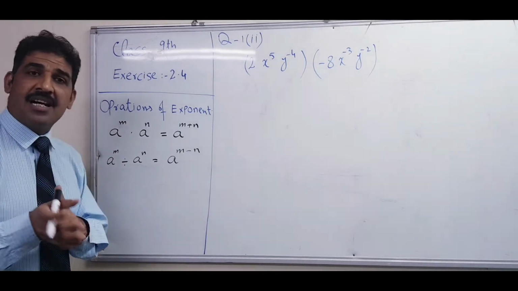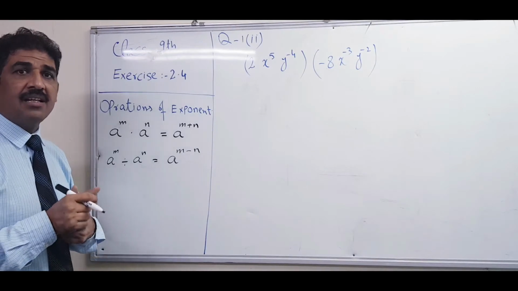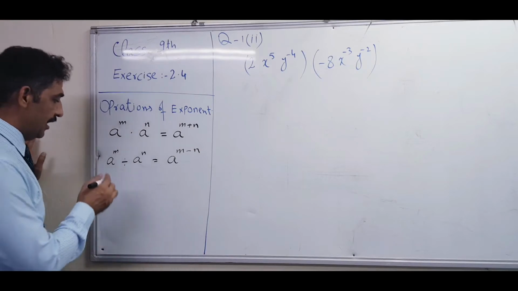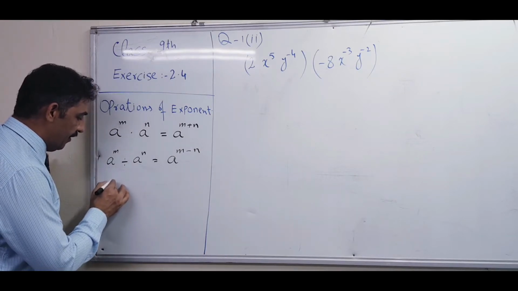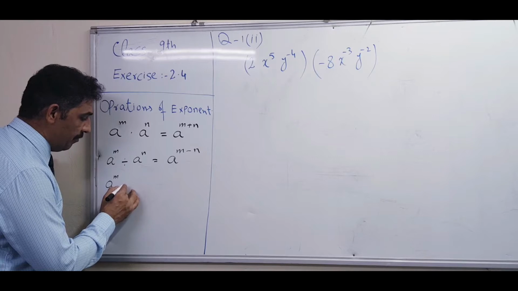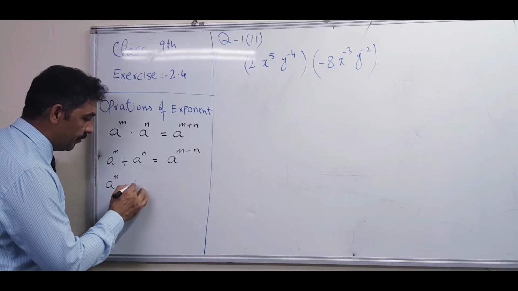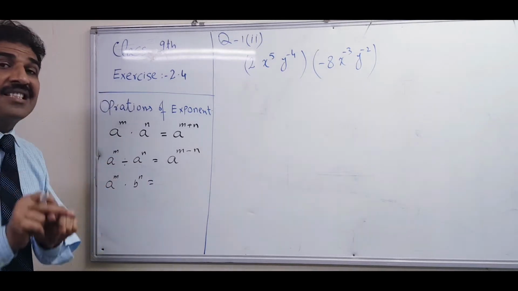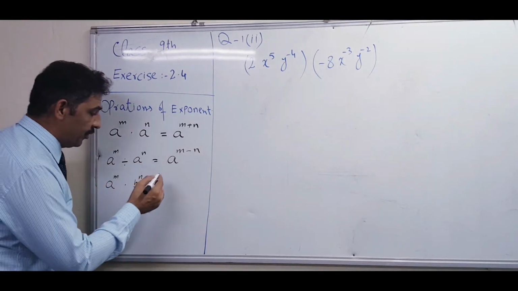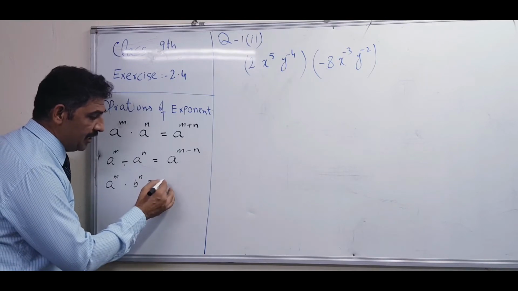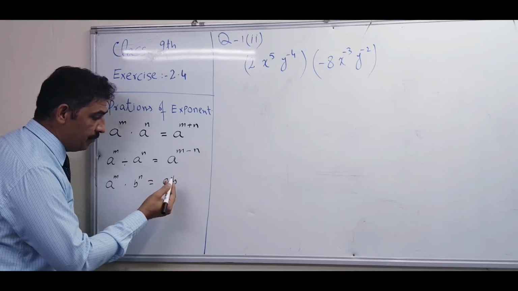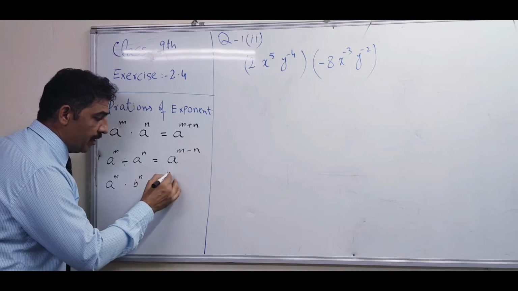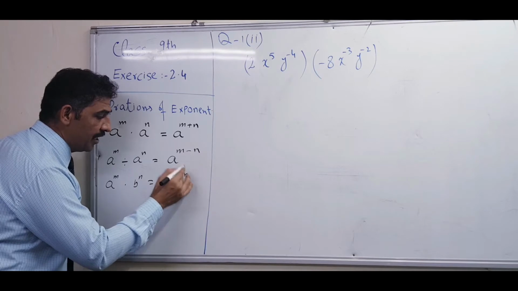If the variables are different and the exponents are also different, like a to the power m multiplied by b to the power n, you cannot write the variable a single time, so you have to write both variables, a to the power m and b to the power n.